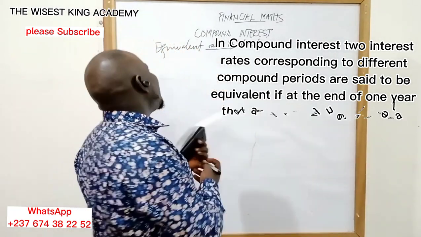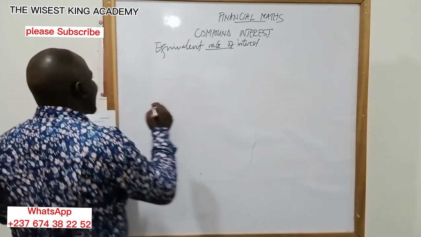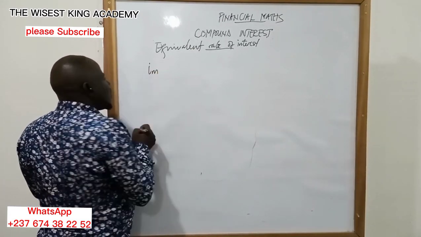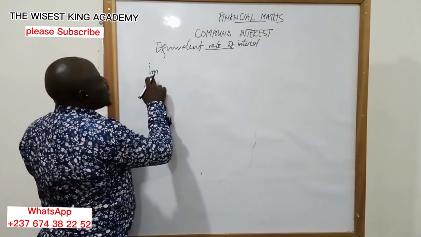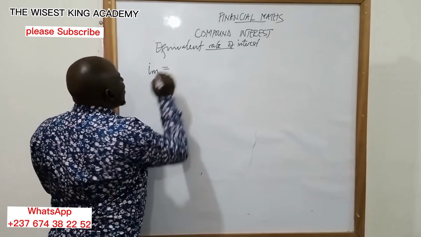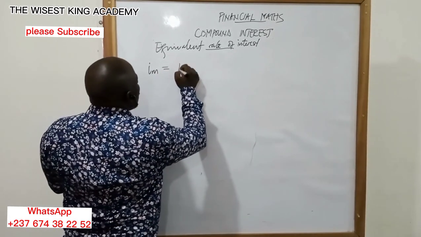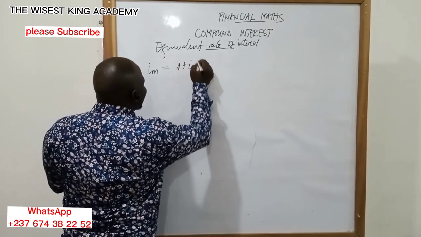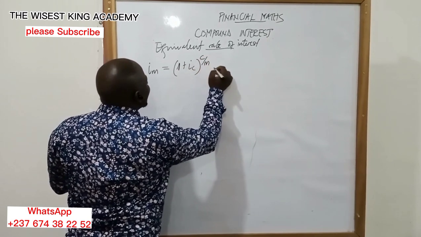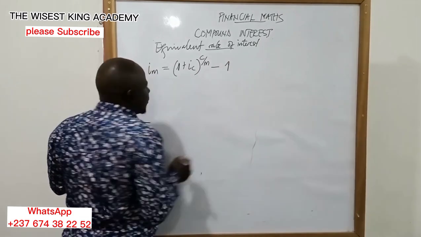Now, the equivalence equation. Normally, let me put i_m. We want to know the i_m that is equivalent to a particular i_c. The formula is given like this: (1 + i_c)^(c/m) - 1.